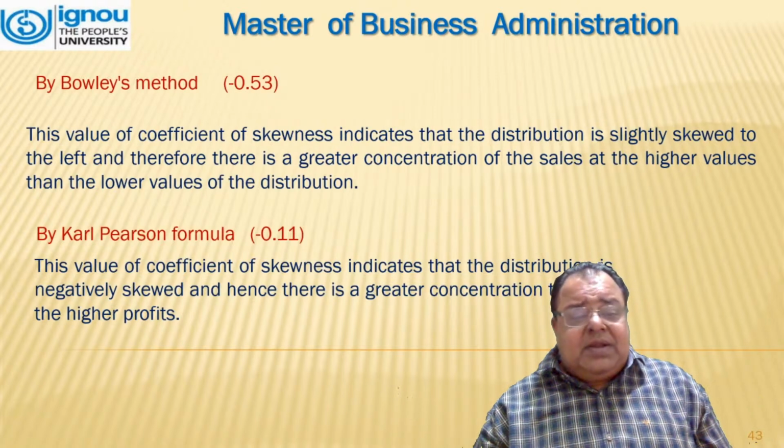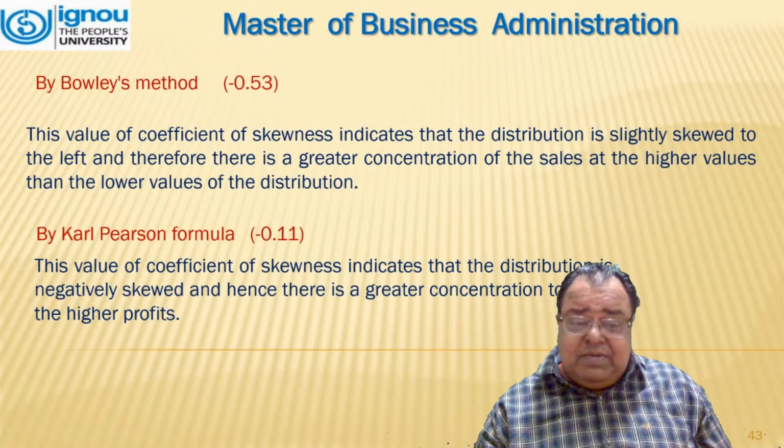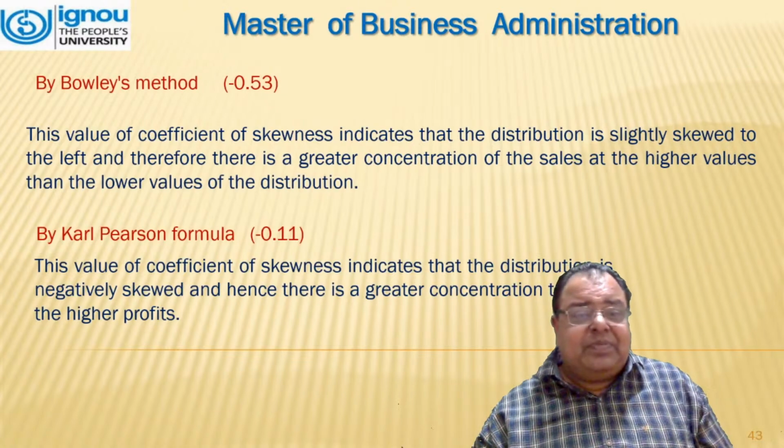By the Karl Pearson formula, the value of the coefficient of skewness indicates that the distribution is negatively skewed, and hence there is a greater concentration towards the higher profits.